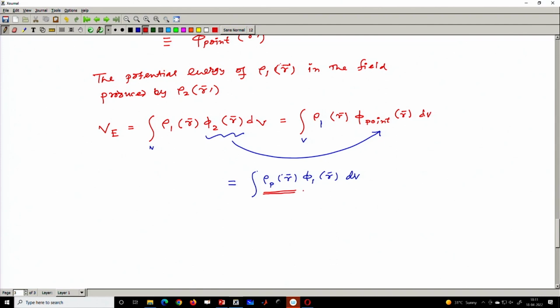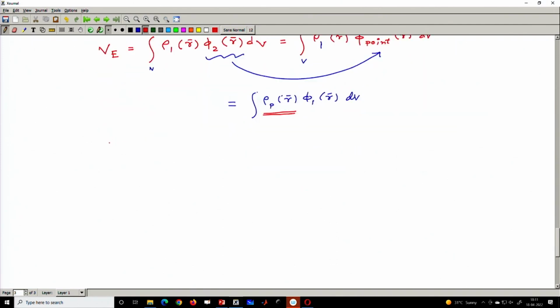of point charge q2. So, rho p at r is simply the charge density for the point charge q2.